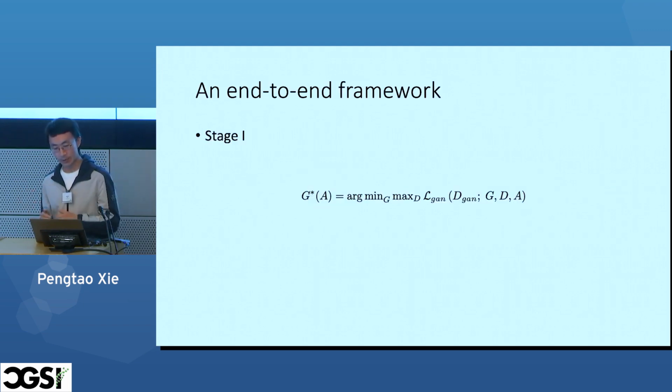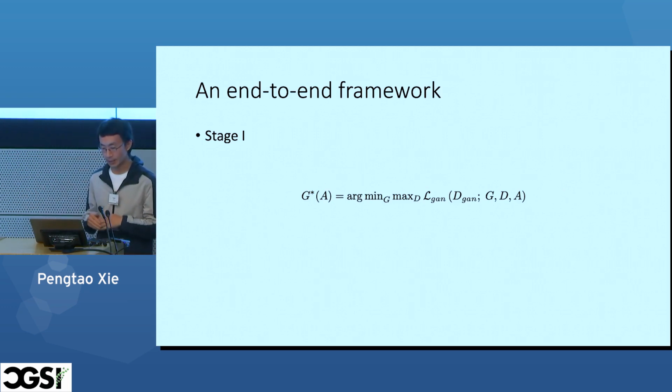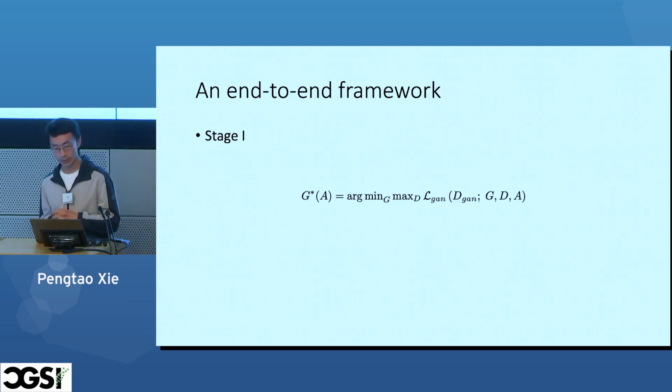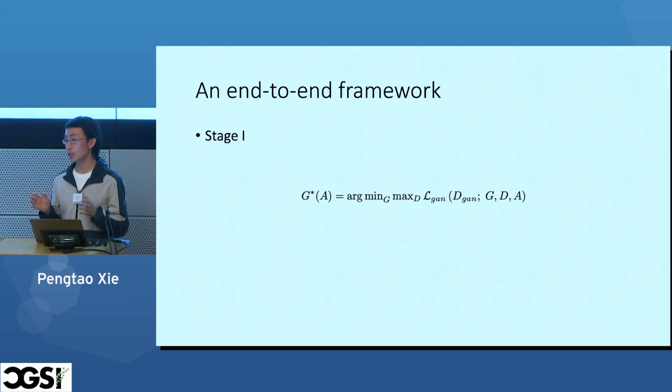So next, I'm going to talk about the mathematical formulation of this framework. So we basically have three stages, which are conducted jointly in a multi-level optimization framework. So at the first stage, we train a mask to image generation model. So this is a GAN-based optimization problem.